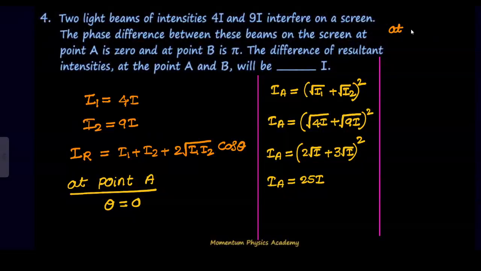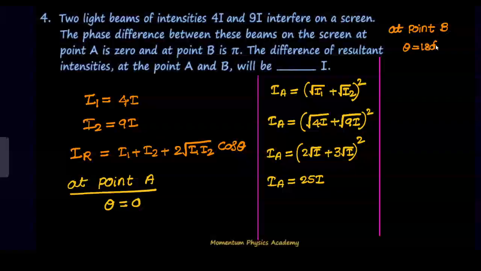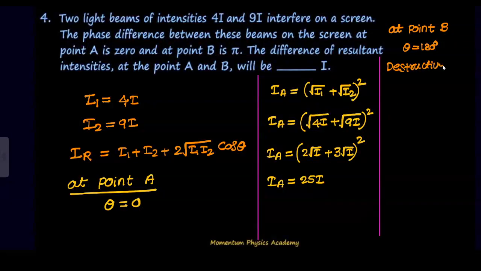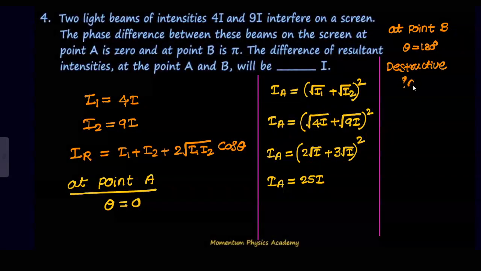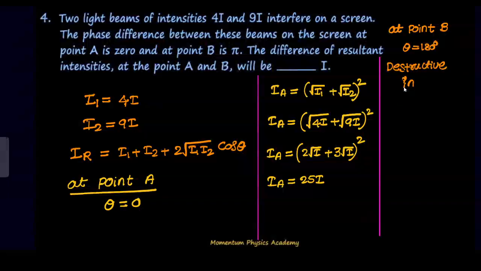At point B the angle is given as 180 degrees, so what type of interference is it? It is destructive interference. Destructive interference means the intensity is how much?